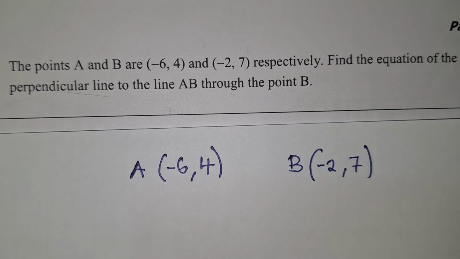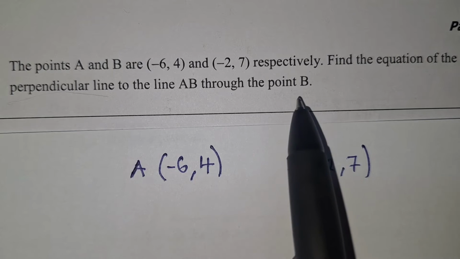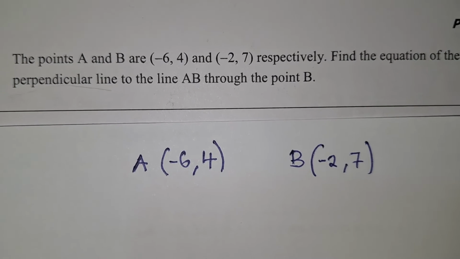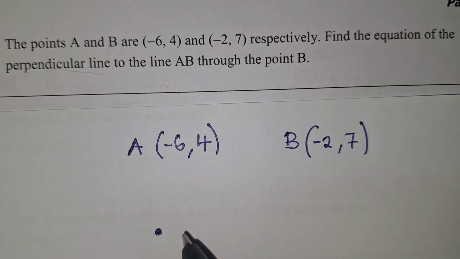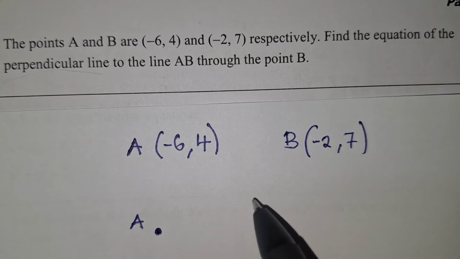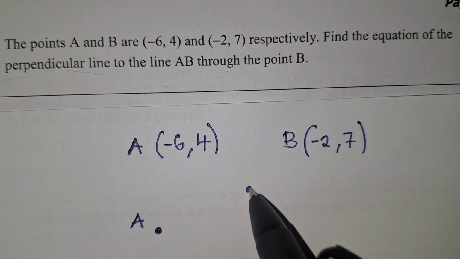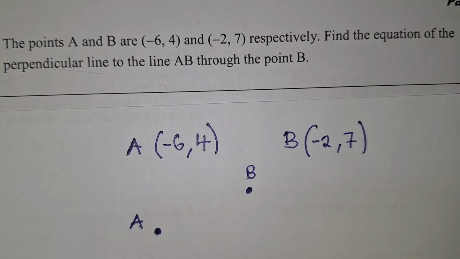the question continues. Find the equation of the perpendicular line to the line AB through the point B. So in our thinking, we will say this is point A, and B is right here.